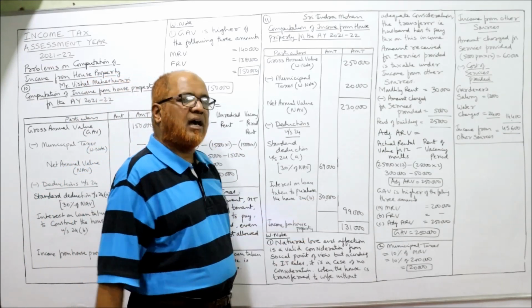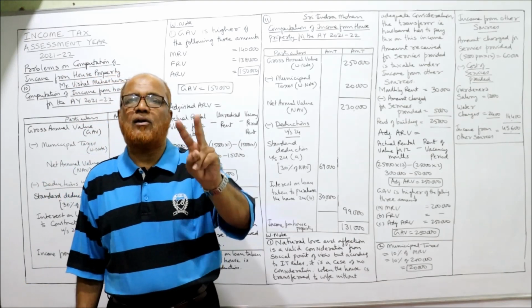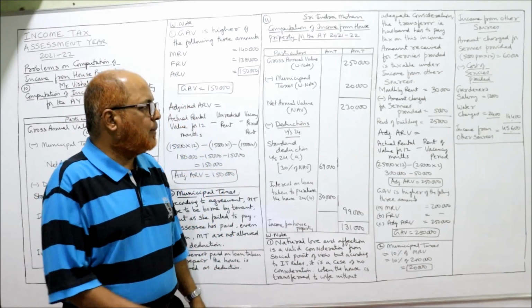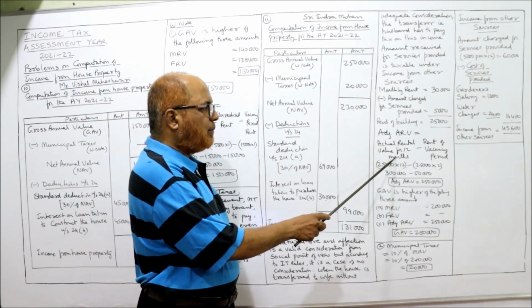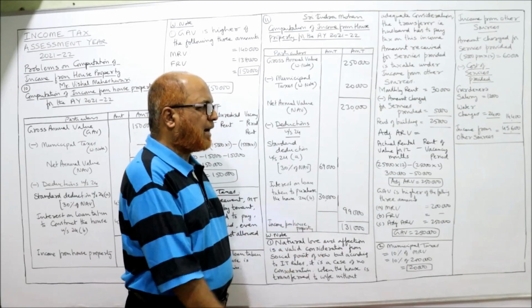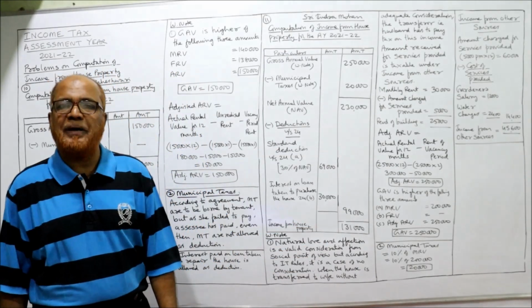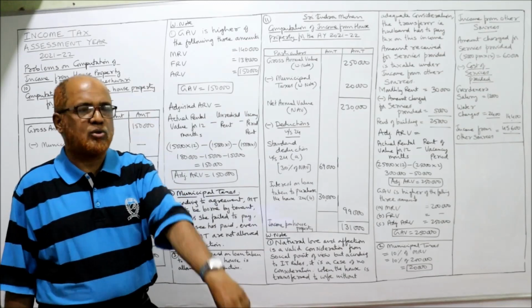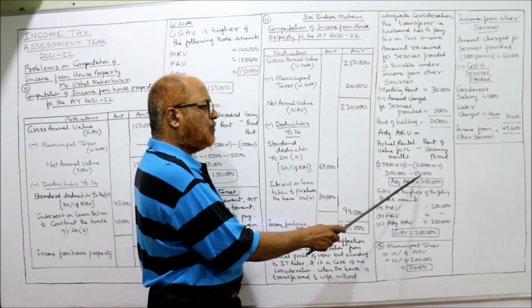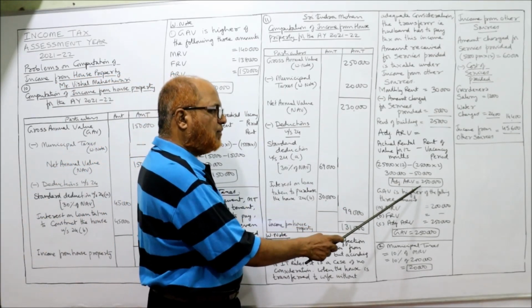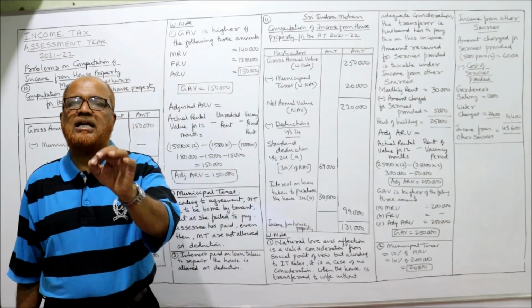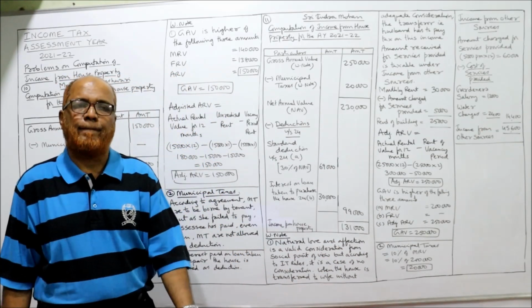Now the adjusted ARV, because there is a vacancy period of 2 months. So the actual rental value for 12 months, 25,000 into 12, 3 lakh, minus vacancy period rent. How many months is the vacancy period? 2 months. So 25,000 into 2, 50,000. So 3 lakh minus 50,000, 2 lakh 50,000 is the adjusted ARV.